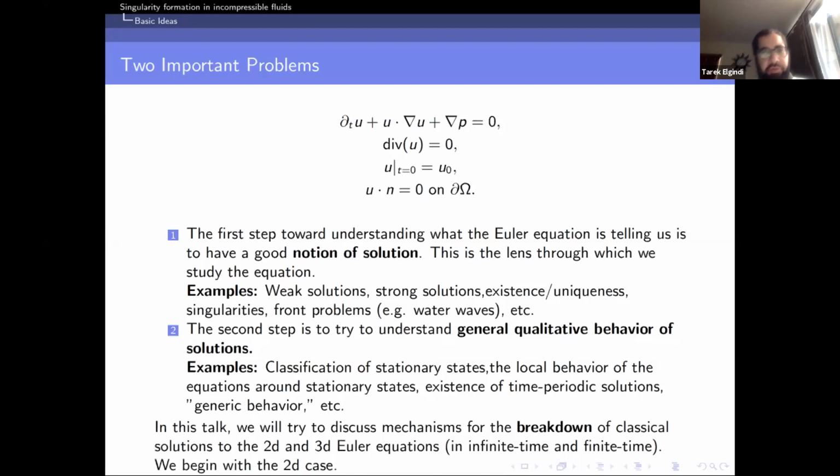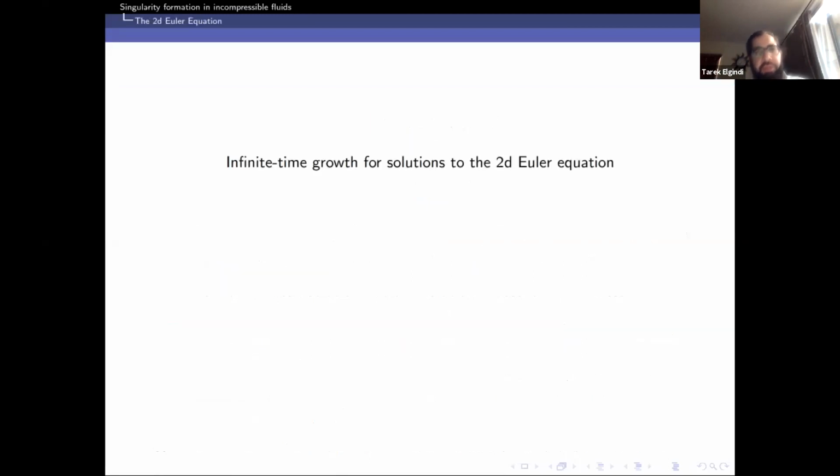Okay, so let's start with the two-dimensional case. I want to talk a little bit about infinite time growth for solutions to the 2D Euler equation first.